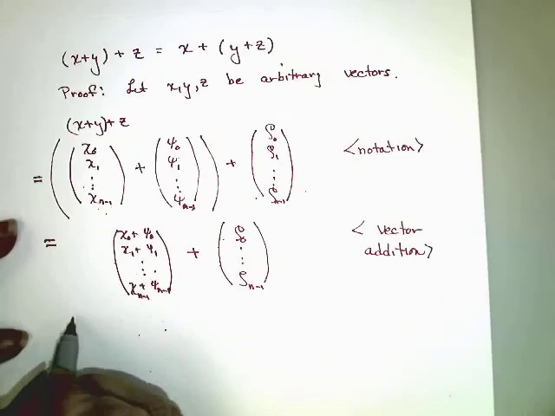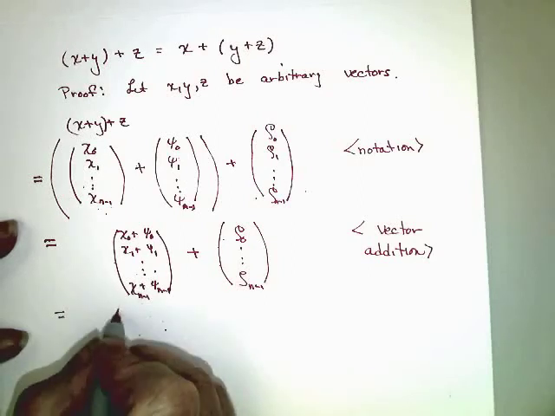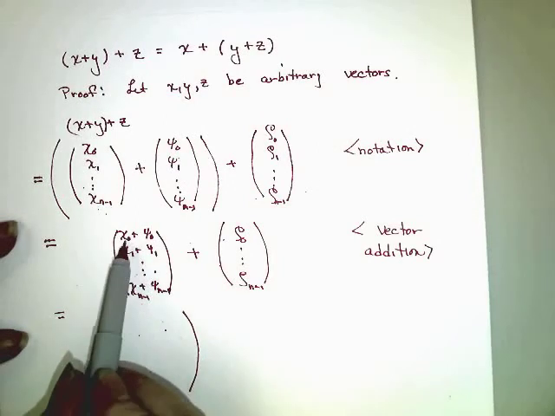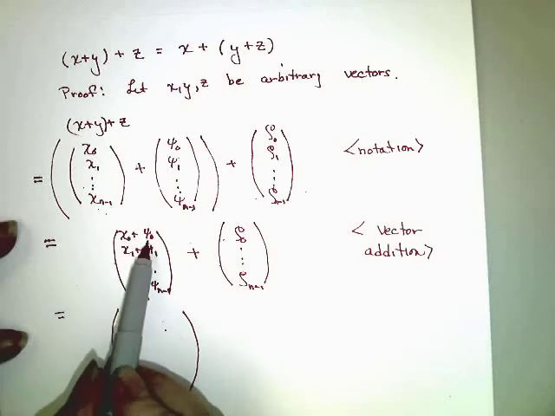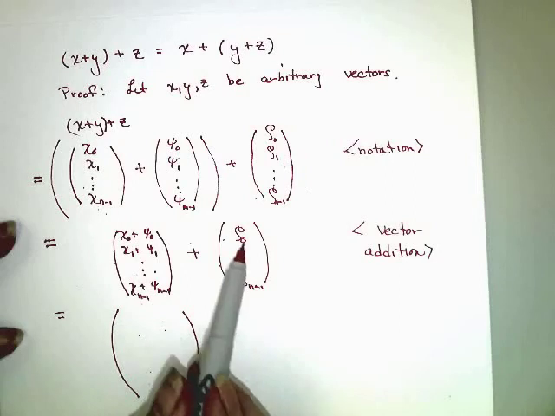Now, again, with vector addition, the resulting vector is going to be of size n. To find the components, we'll add the components of the first vector to the components of z.